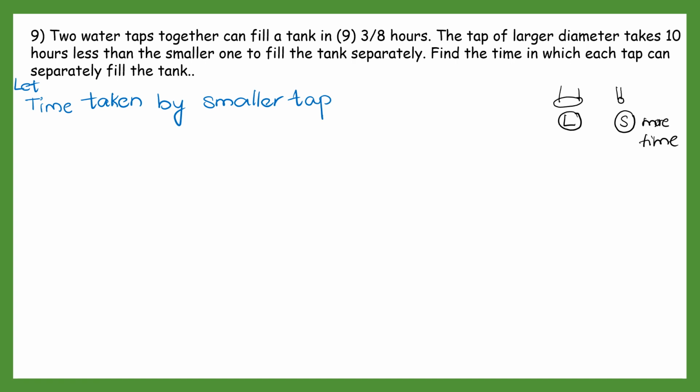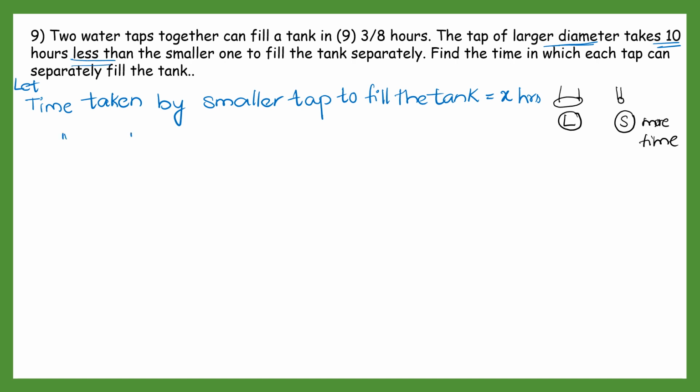Time taken by smaller tap to fill the tank. There is one tank and the time taken by smaller diameter tap is x hours. Now, time taken by larger diameter tap, it is 10 hours less than the smaller one.